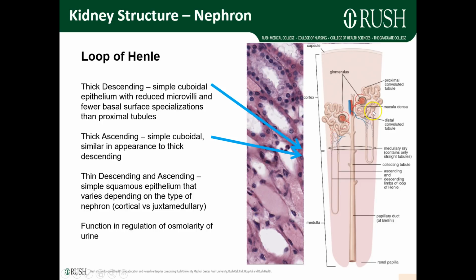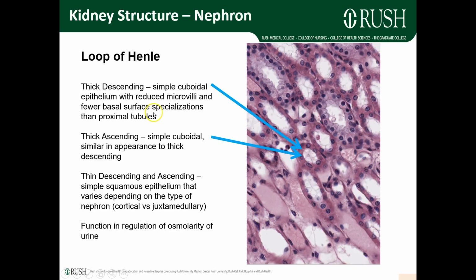After the proximal convoluted tubule, a straight line goes down and then goes up into the second convoluted portion of the tubule. These straight portions are referred to as the loop of Henle, and here you have thick descending, thick ascending, as well as thin descending and thin ascending portions of this loop.